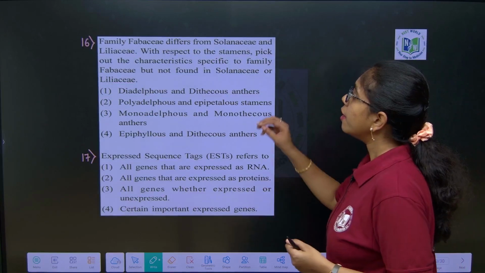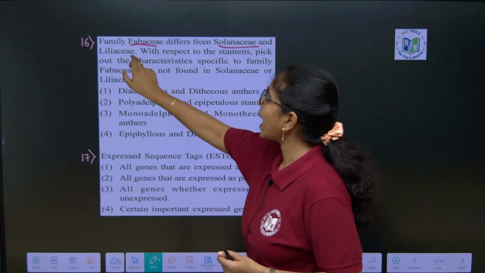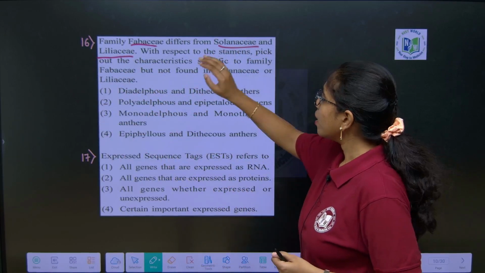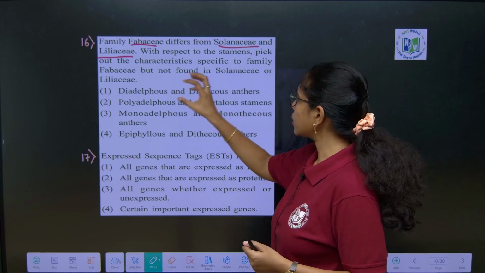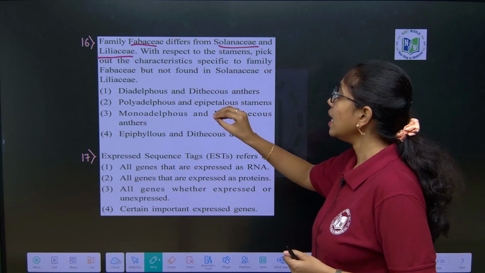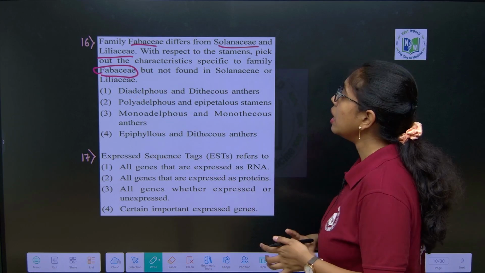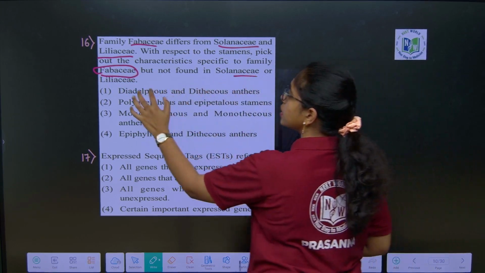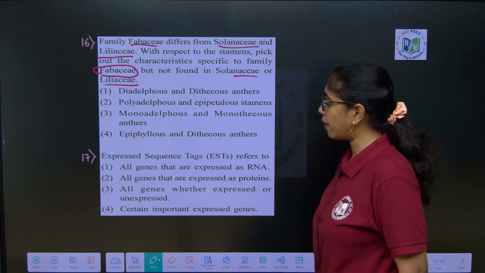And next, family Fabaceae differs from Solanaceae and Liliaceae with respect to the stamens. Pick out the characteristics specific to the family Fabaceae but not found in Solanaceae or Liliaceae. That is what we have to look into.